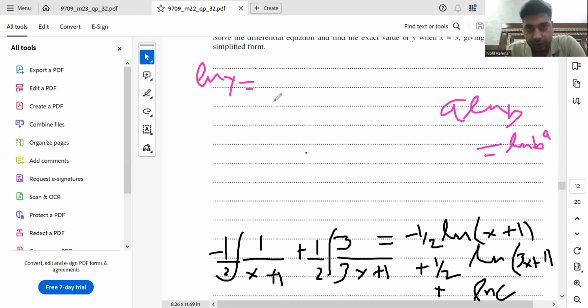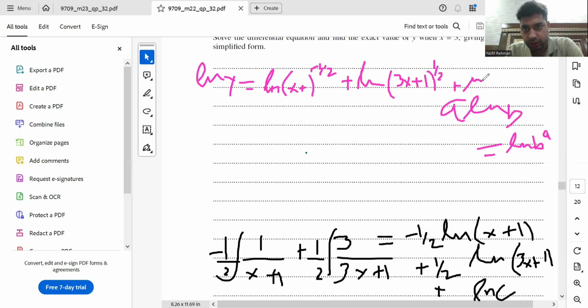So I can transform these as ln (x plus 1) to the power minus 1 over 2 plus ln (3x plus 1) to the power 1 over 2 plus ln c.